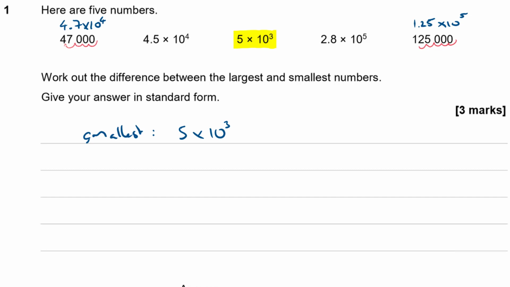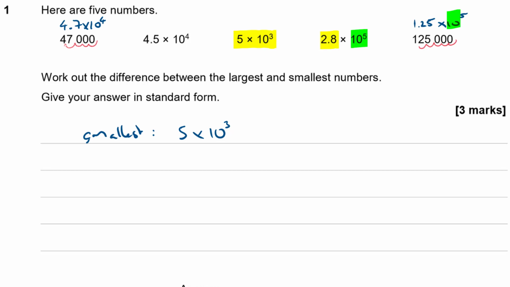The largest is going to be the number with the largest exponent. I've got 2 with 10 to the power of 5. Look, this one and this one. So if these two powers are the same, then the next thing to compare is the numerical part. It's the mantissa, we call it. So we find the number with the largest mantissa.